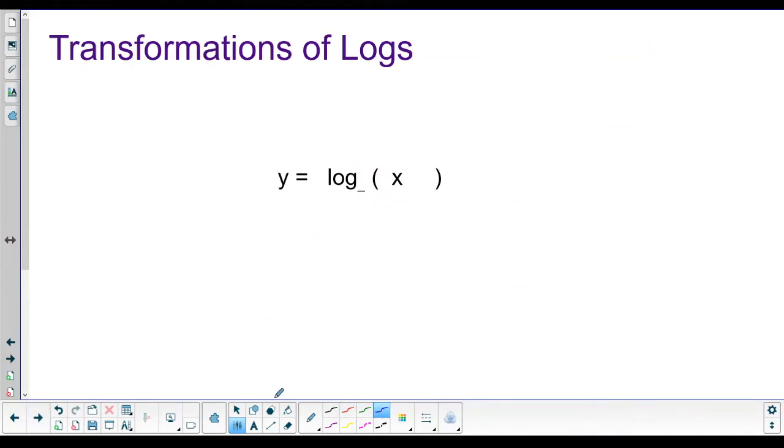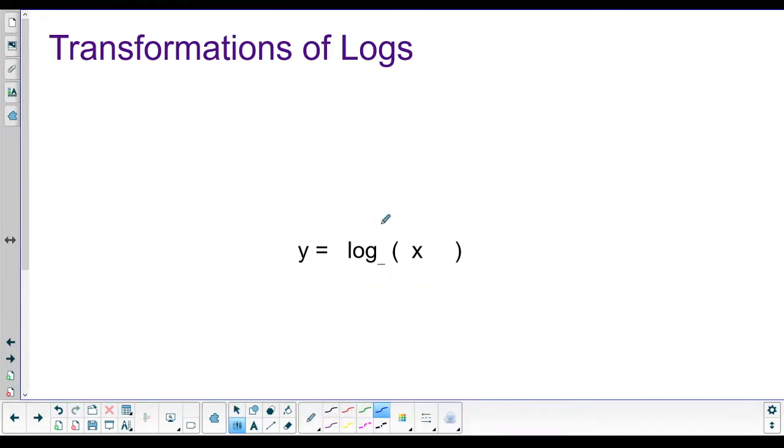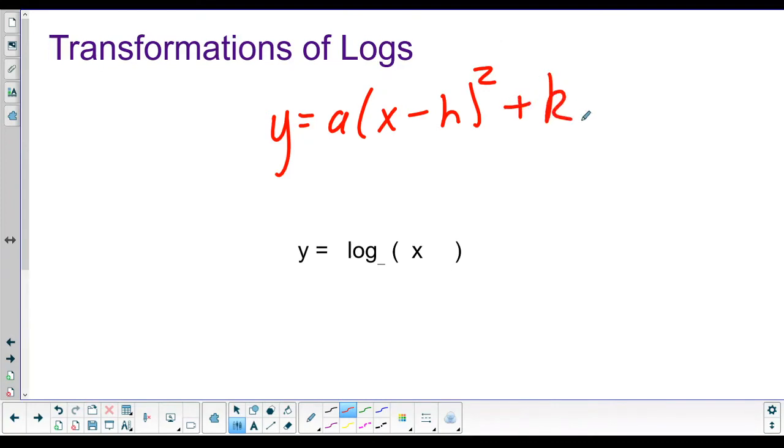So before we start talking about these log equations, let's go just refresh our brain on transformations. So we have y equals a times (x minus h) squared, but that's not really important here, plus k.